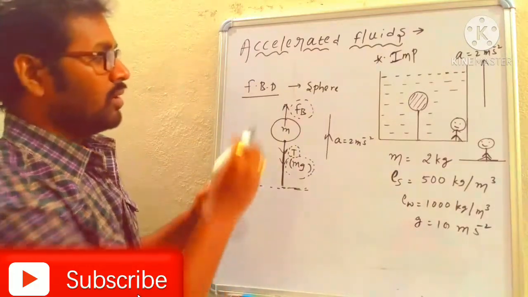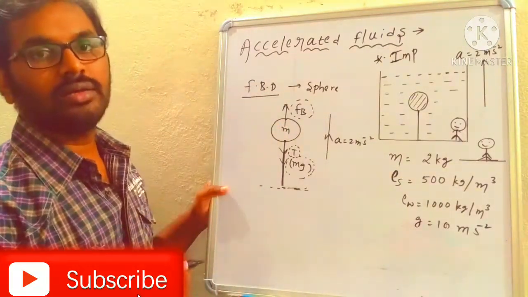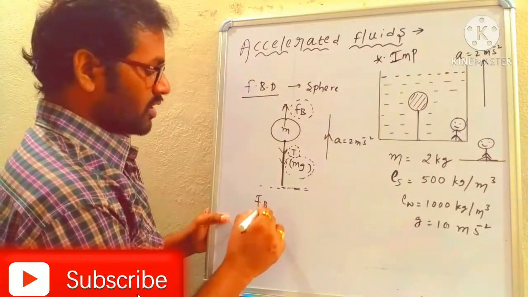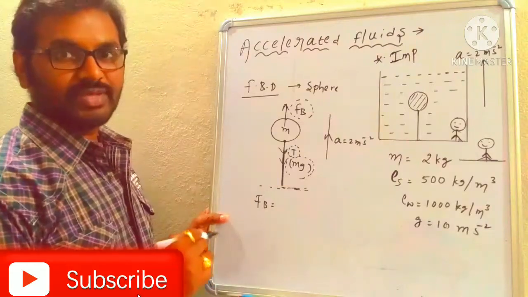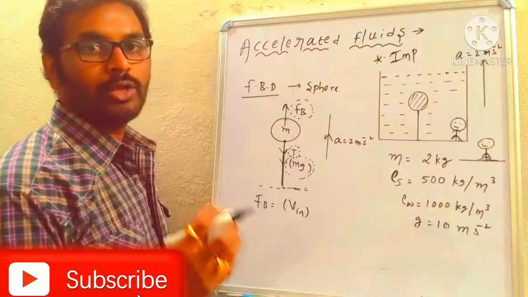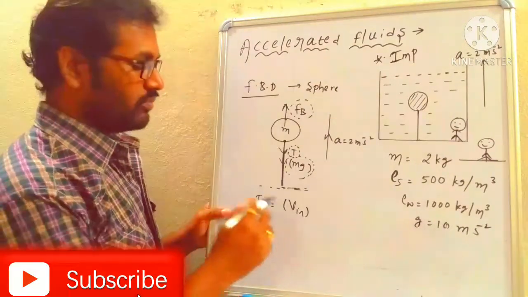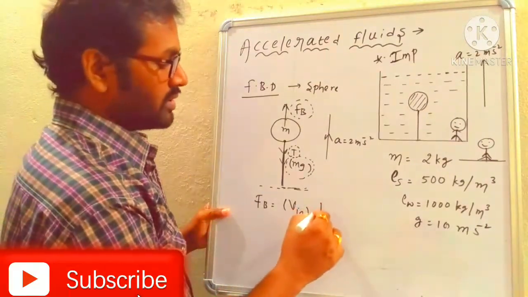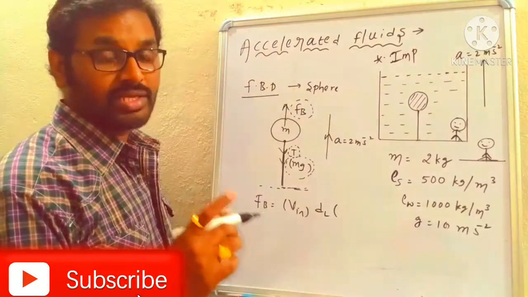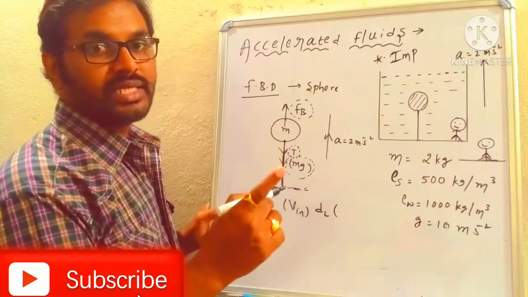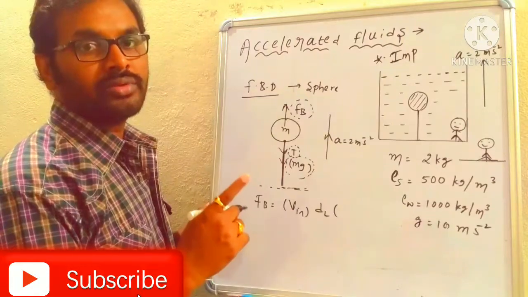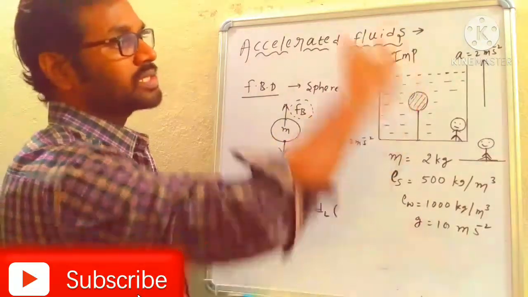Before that, what can we write here? The buoyancy force expression. FB is equal to the volume inside, that is, how much volume of the object is inside the liquid, V_in, times the density of the liquid times the acceleration due to gravity g, when the object is in an inertial frame. But here the sphere is in a non-inertial frame because the whole system is moving upward.